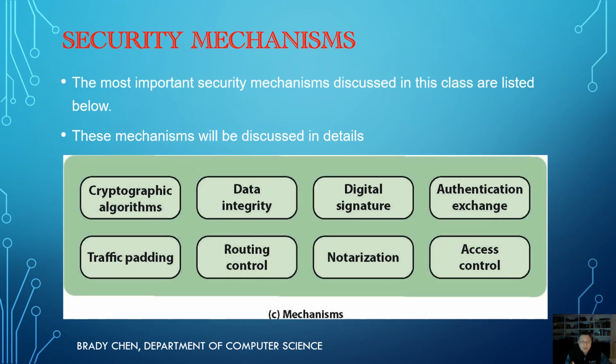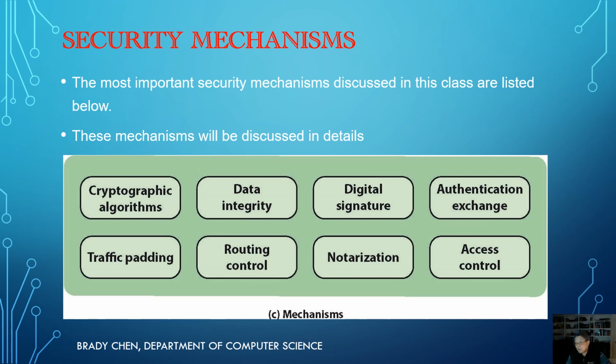Okay, so far we have discussed security attacks, like passive attacks and active attacks. We also discussed the security services in the OSI security architecture. Now, we will take a look at the security mechanisms. Recall that the security services are implemented by security mechanisms.